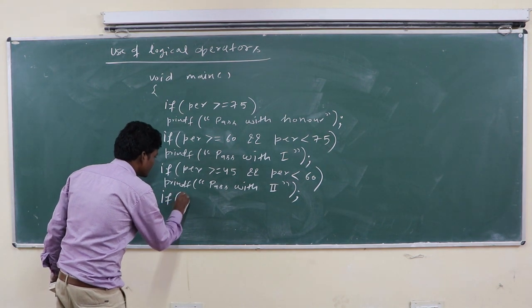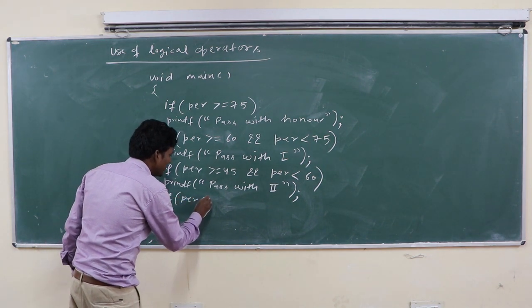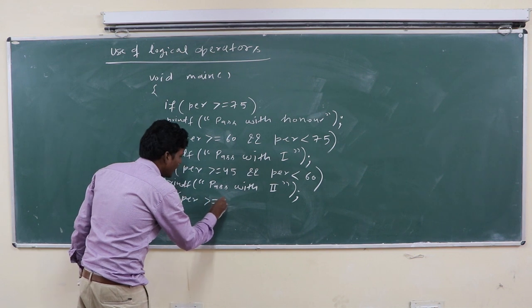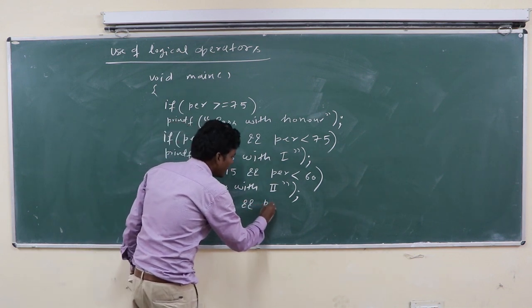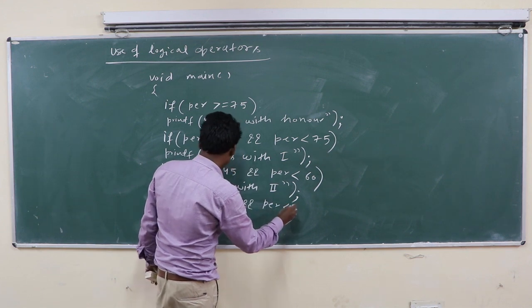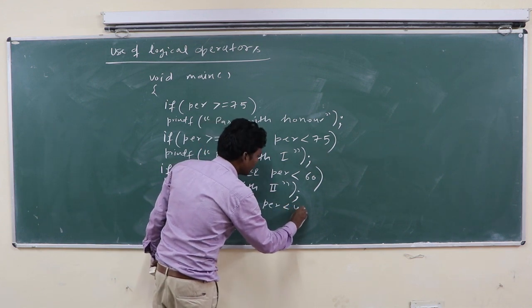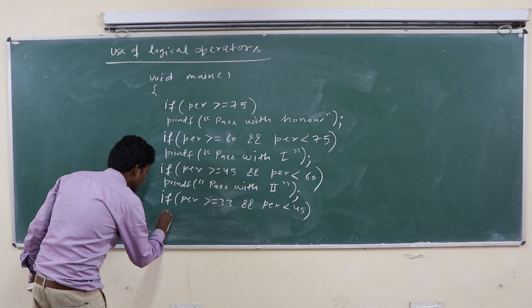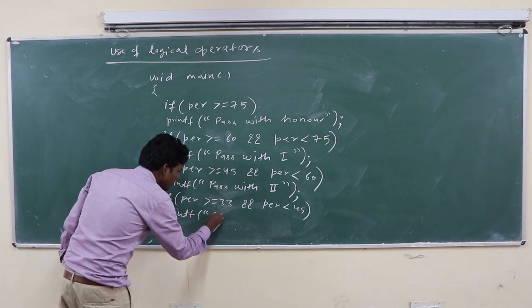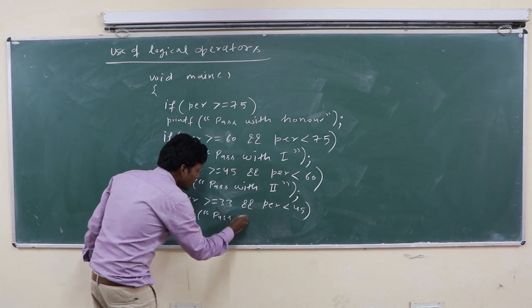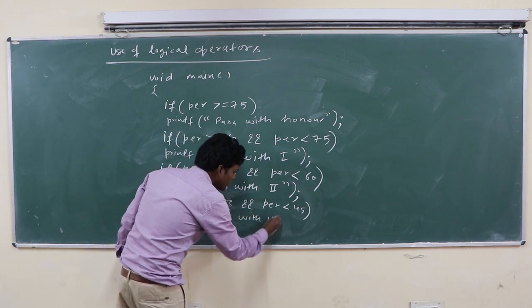If PER is greater than or equal to 33 and PER is less than 45, printf pass with third division.